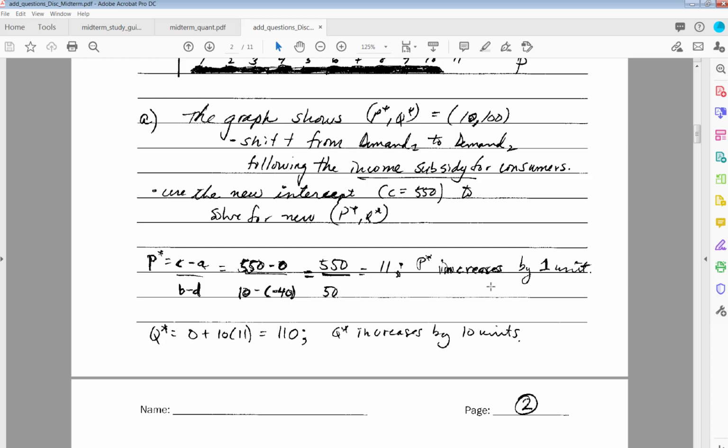The question is actually specific, saying how will that affect the equilibrium price and quantity. So do that, just because it'll make your answer better, it'll make your thoughts better as you move through the question, and it gives me something to give partial credit for if you mess up the math.